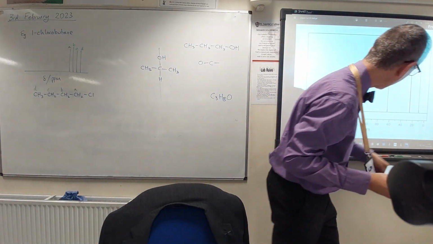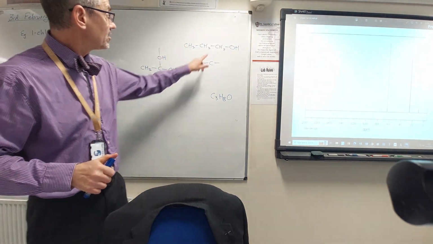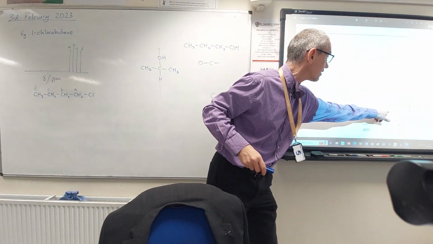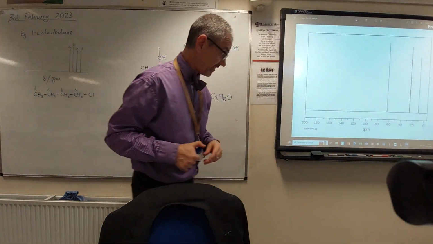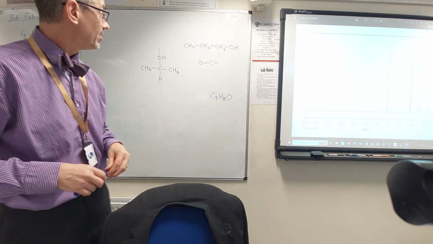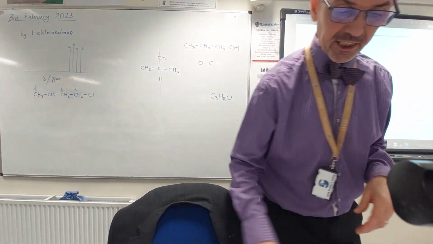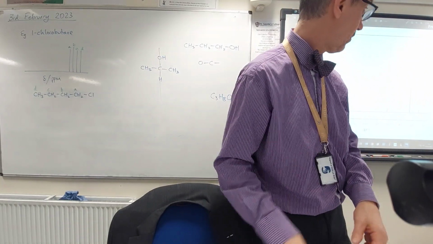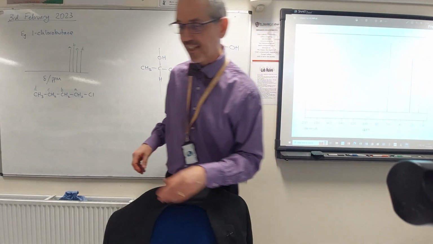We're kind of right in the middle of that with about 64. Okay, so again, right on the money. So that C is that peak there. The middle carbon is presumably that one, and then the CH3 at the end would be right down on the right-hand side, the least shifted. Okay, I'm going to hit pause on the video now, and I'd like you to have a look at exercise 1.